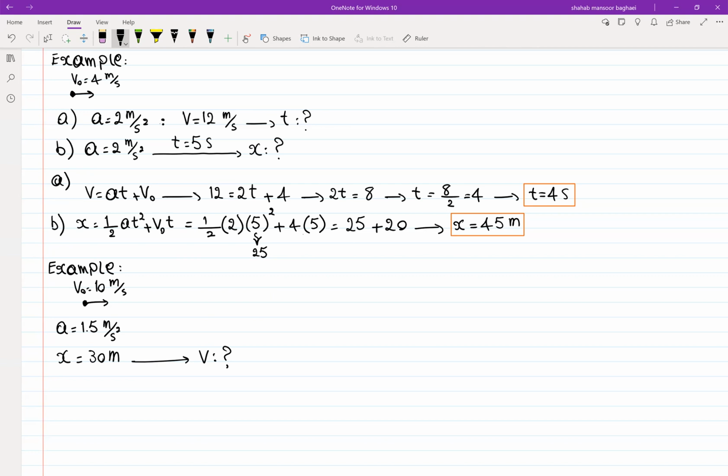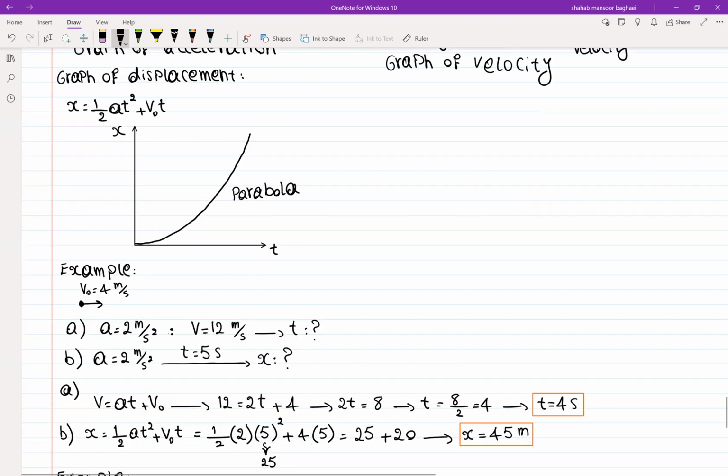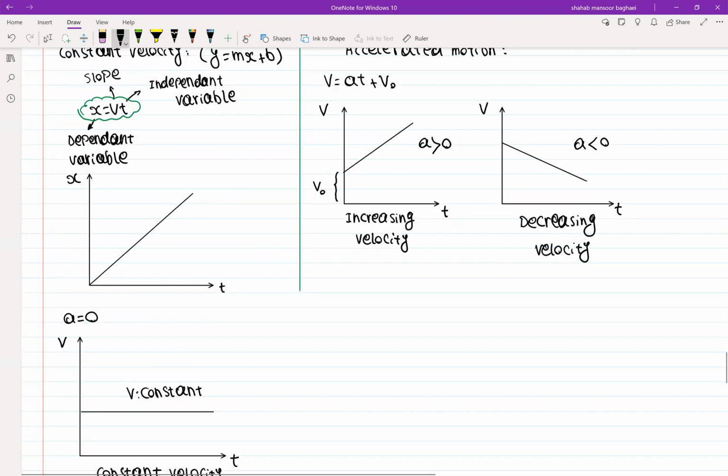If you look at this problem, you have acceleration and you need velocity, and you have displacement traveled by the particle, 30 meters, but you don't have the t quantity. You don't have the time quantity here. And I told you, if you don't have any information regarding time quantity, you should use equation number 3.